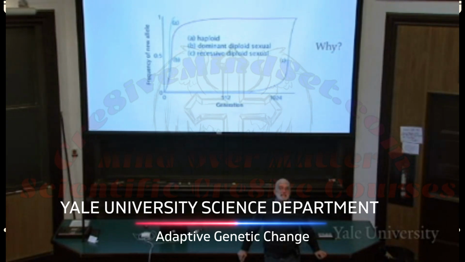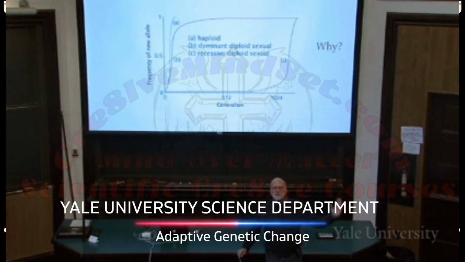There are 18 times as many heterozygotes as there are recessive homozygotes. Selection at that point is trying to eliminate that 1% of recessive homozygotes. It can't touch the 18%.